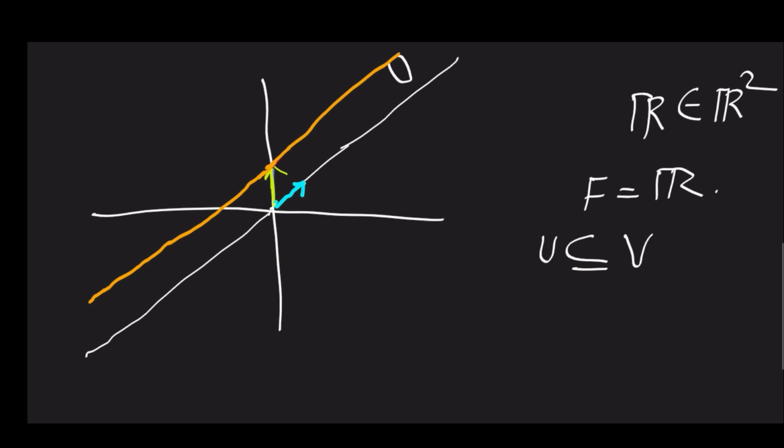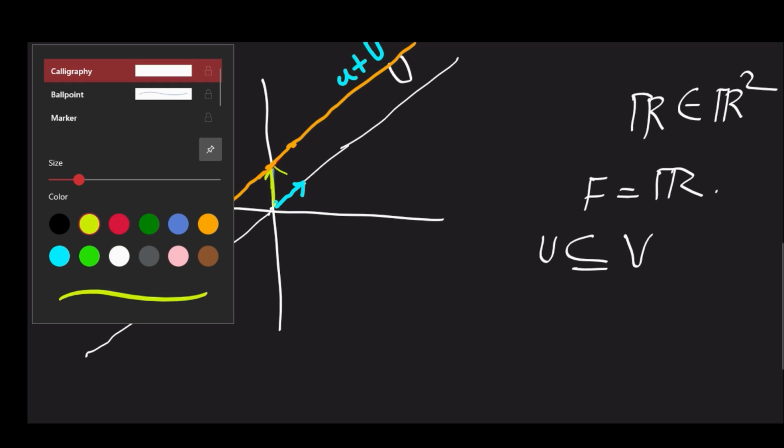Now that unit vector on this line will be here. However, we can find another vector also, B. What is B?